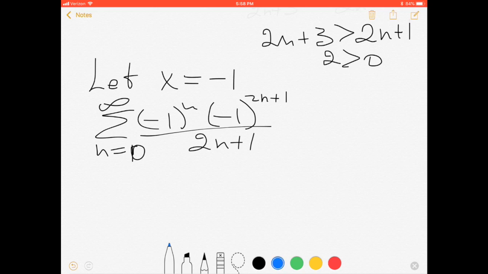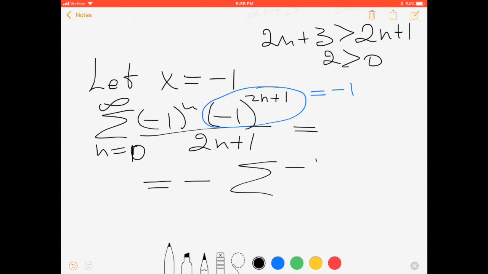The second factor, (-1) to an odd power, is always equal to -1. This means my series now is minus the series (-1)^n over 2n+1.